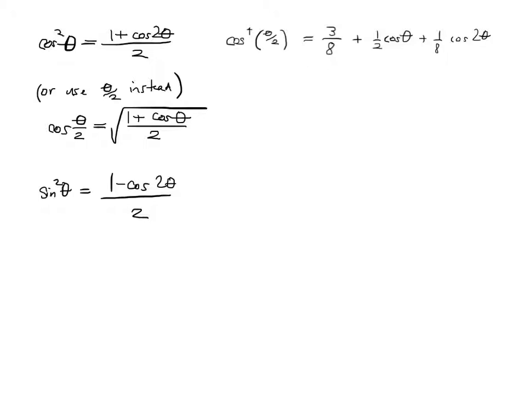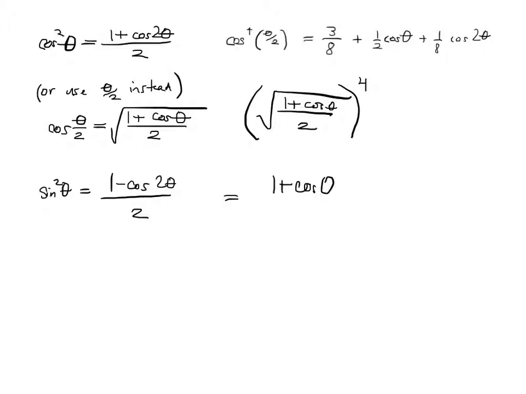On the left-hand side, we're going to say this is the square root of 1 plus cosine theta over 2, to the 4th, which is 1 plus cosine theta over 2 squared. Let's expand it out.